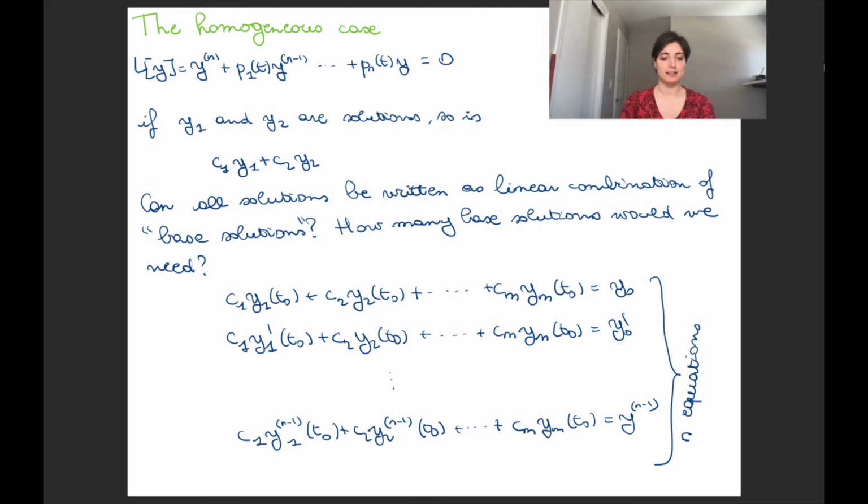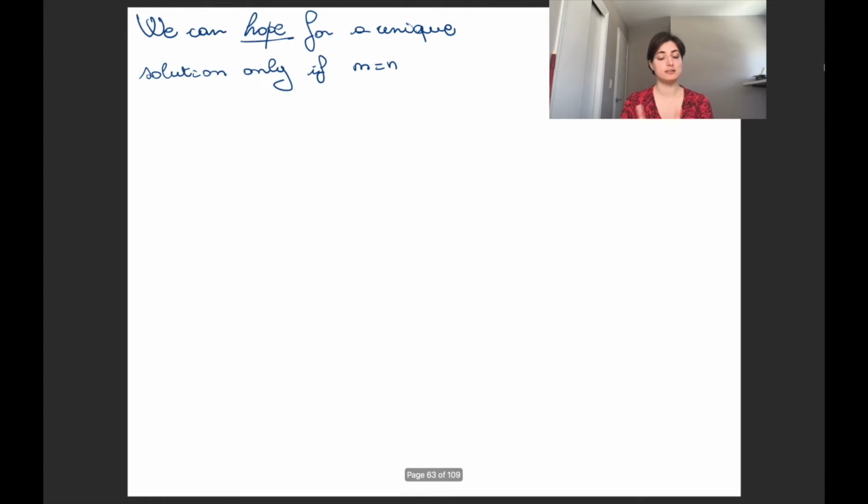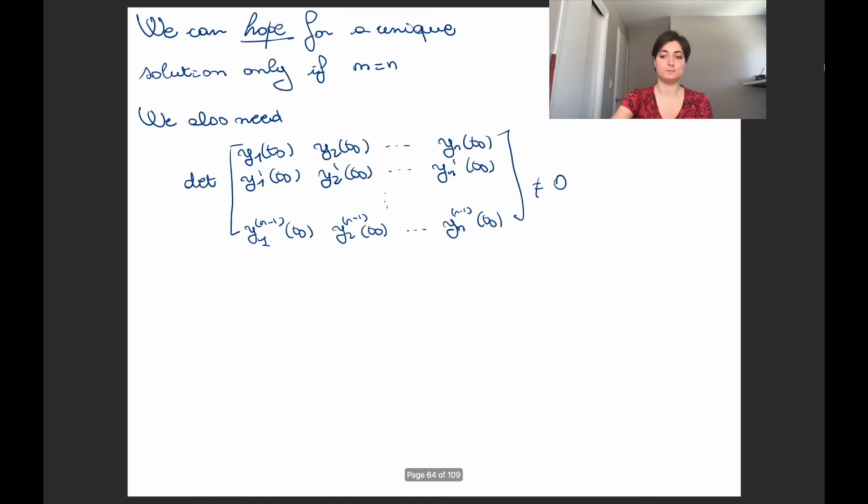Those are n equations. If you want a uniqueness result, the only situation in which we can hope for one is when the number of base solutions is equal to the order of the ODE that we want to solve.